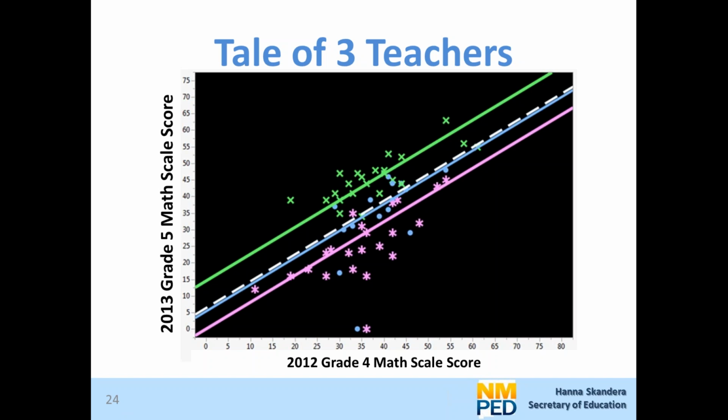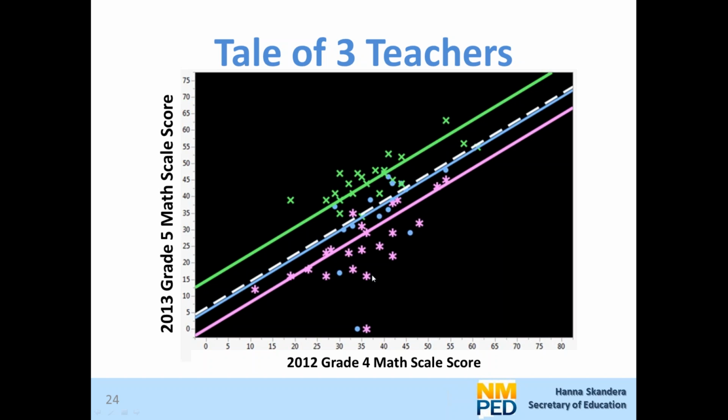If you were to take the average deviation score by each teacher, the teacher in green would have a positive deviation score because their students are performing better than average.